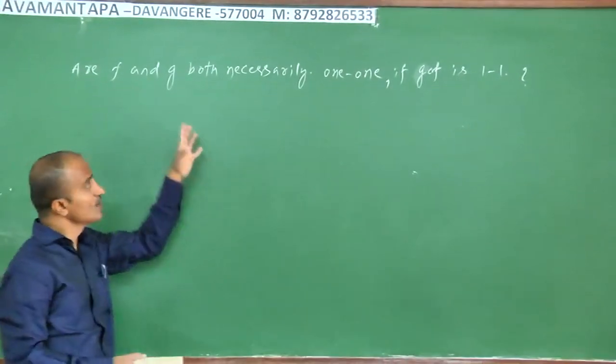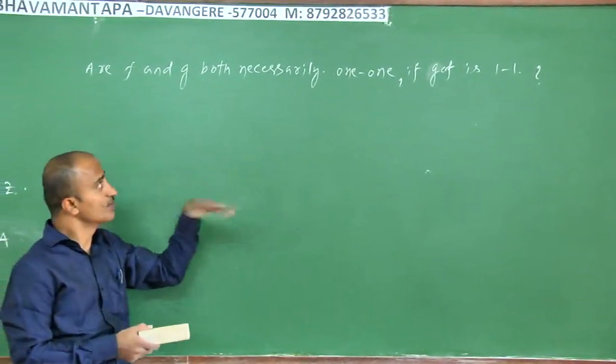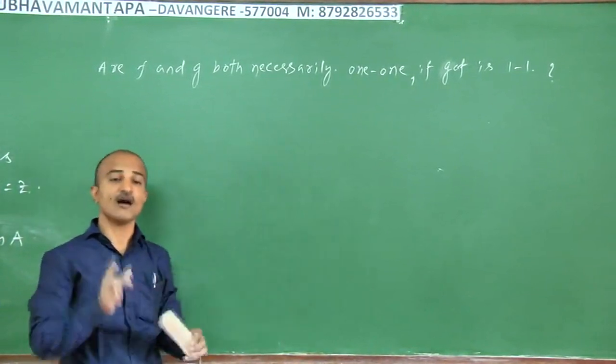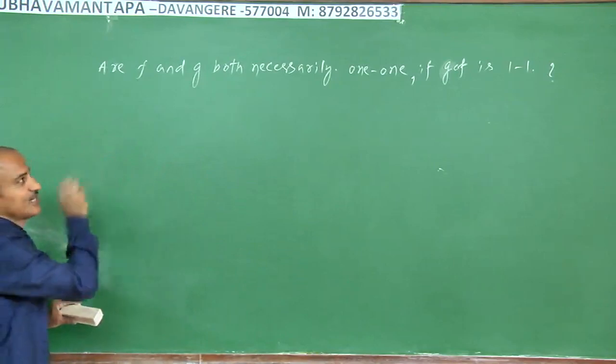Now we need to verify whether f and g are both 1 to 1 whenever g∘f is 1 to 1 or not. For that, we will prove it by giving an example.